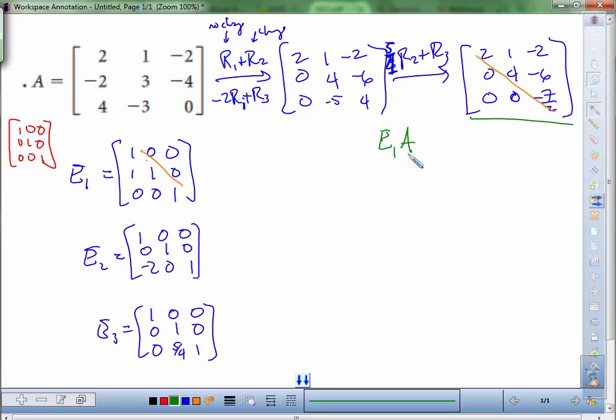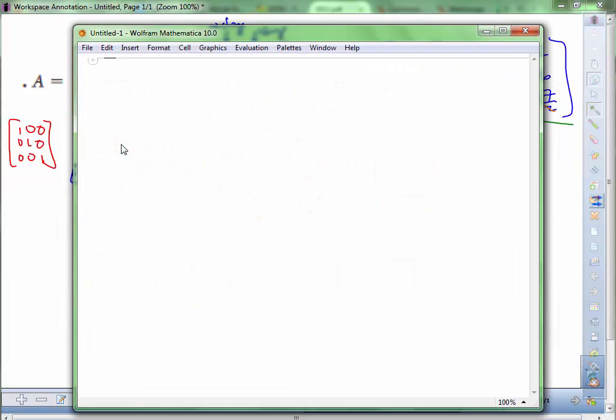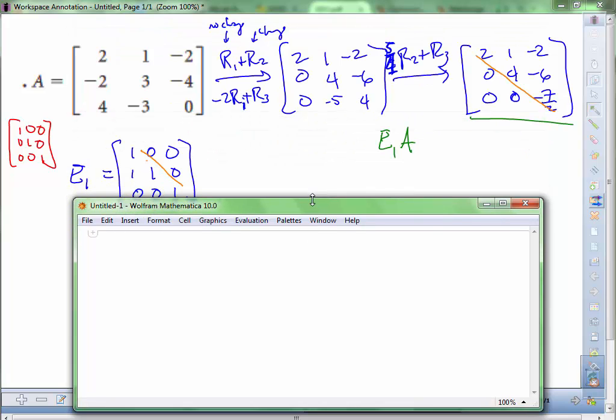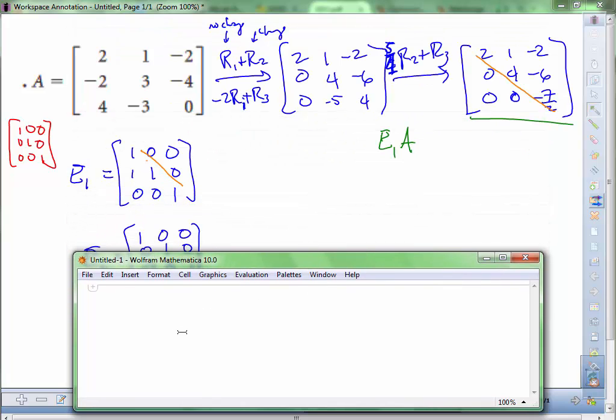In fact, I'd like to do this by hand, but it's going to take a little bit more time. So I'm going to use Mathematica to help me with some of this stuff. So let's first define our A.